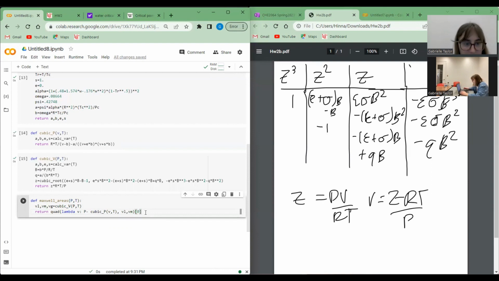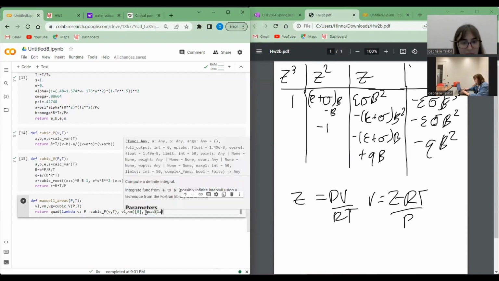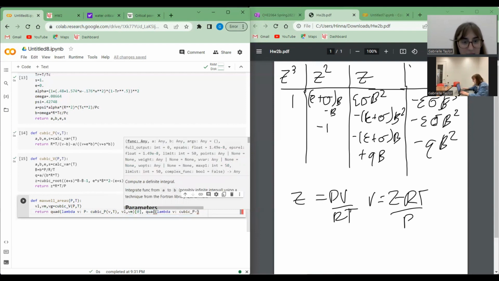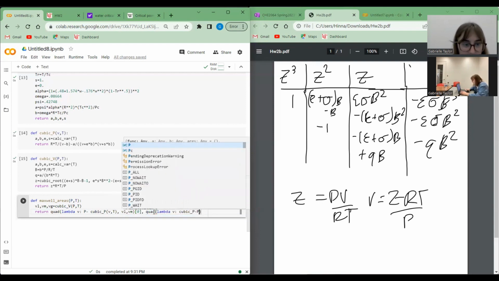After that, we're going to need a bracket to have our zeros, just a 0. Then we're going to have another quad because we need to solve for this one as well. This one we're going to have lambda V, and then our cubic pressure, because we're on the right side now. Now our pressure is going to be below, so we have to subtract the cubic first.